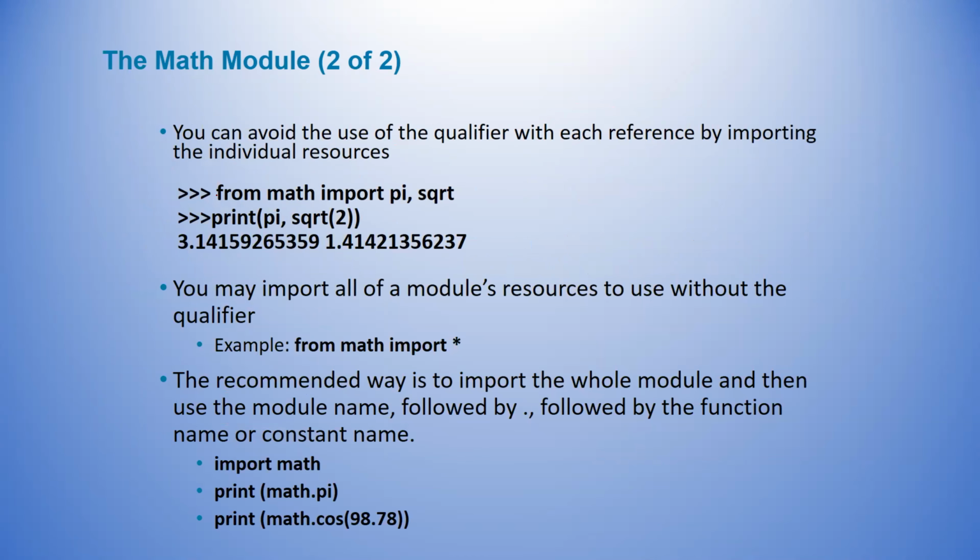Okay, now this syntax means you import only those two functions. And because you specified those two function names, when you use them, you do not have to use math dot. You can use the function directly. This is a constant. It's not a function. You can use it directly without the preceding math dot.